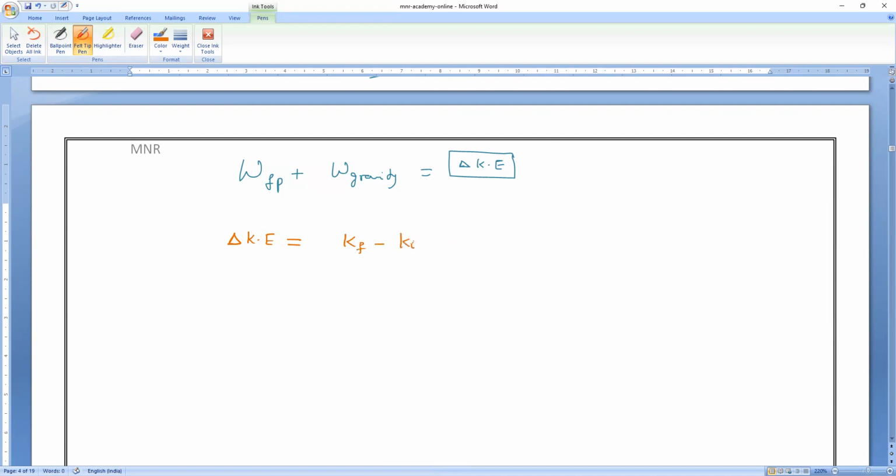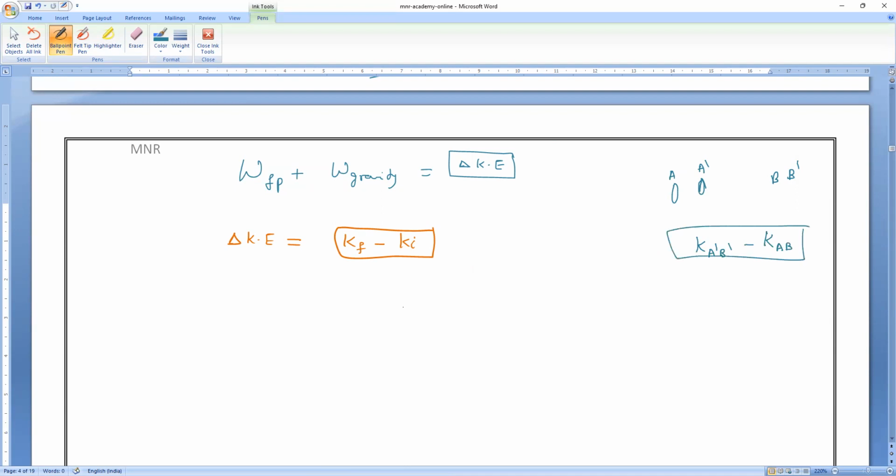Final kinetic energy minus initial kinetic energy. It is moving from A to A dash and from B to B dash. So the final kinetic energy is K A dash B dash minus the initial kinetic energy K A B.